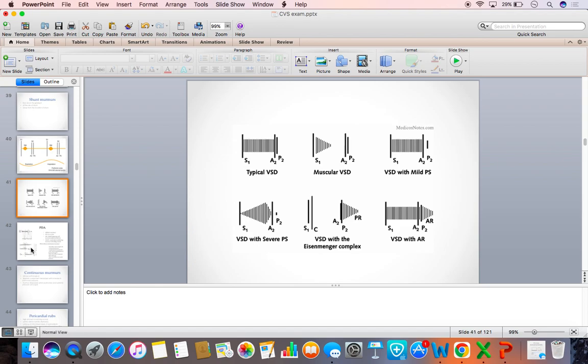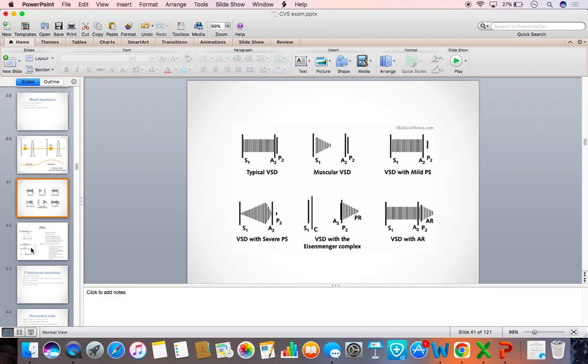The murmur ends before the second heart sound because the contraction of the ventricle results in the closure of the ventricular septal defect.